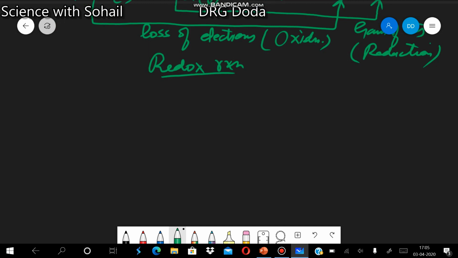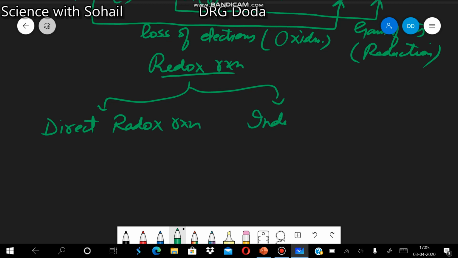Now, on the basis of this concept, that is the electronic concept, the redox reaction is classified into two types: direct redox reactions and indirect redox reactions.